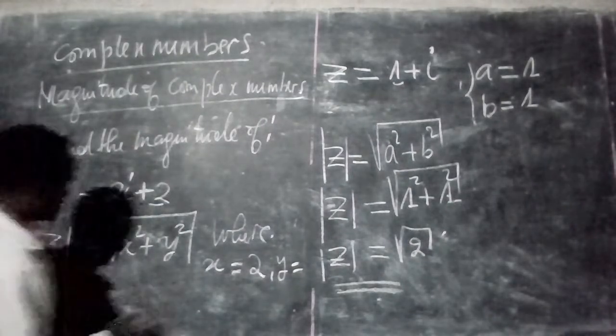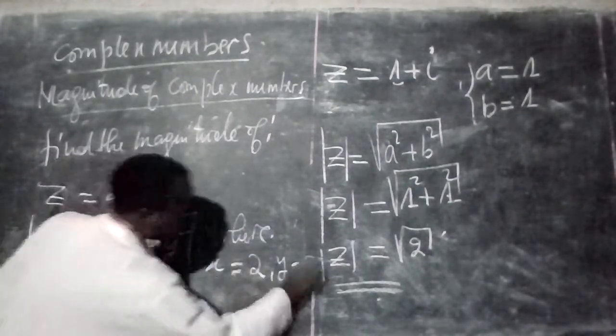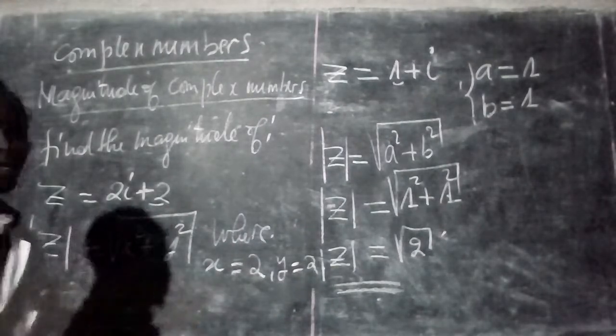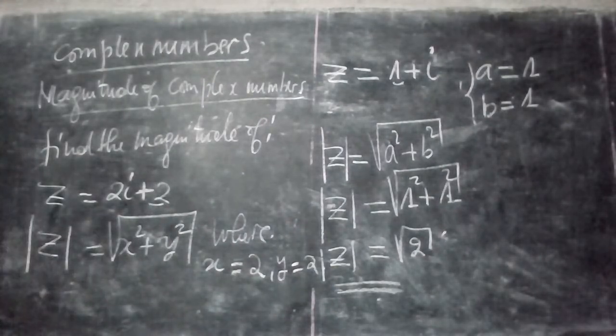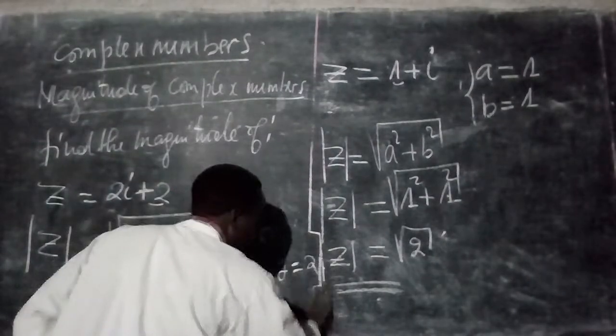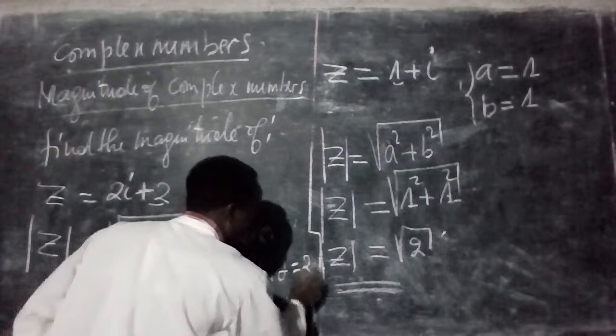You see? This is x, yes, it is 2. Now, how should we find its magnitude?